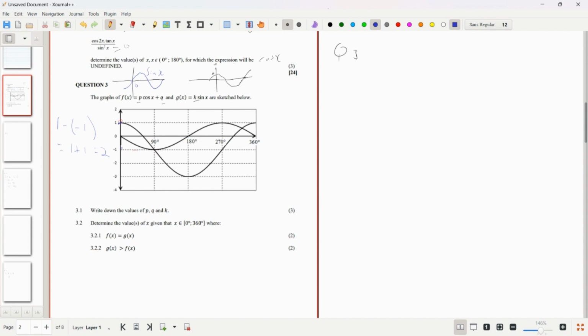So you can take the maximum value, which is 1 here, minus the minimum value of this graph here, which is -3. And then you divide by what? You divide by 2, right? So you'll get 4 divided by 2, which is 2.